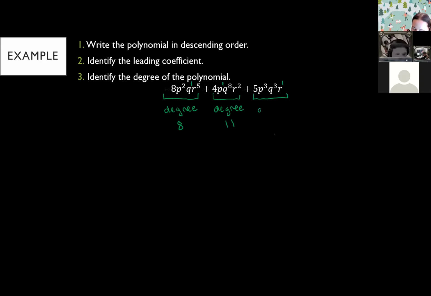So that's going to be degree 7. So once you've decided the degree for each particular term, then you go from highest to lowest, which is going to make our middle term first, because that's degree 11. And then we'll have the degree 8 and then the degree 7.